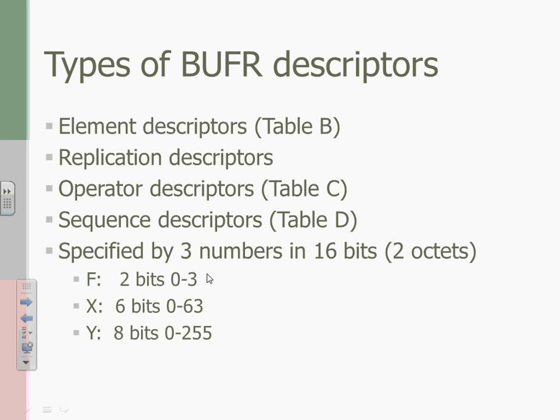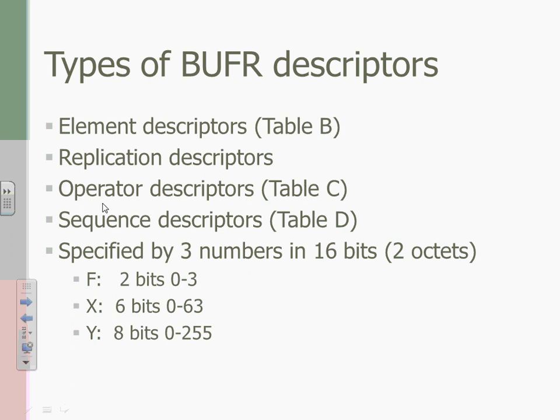So there are several types of buffer descriptors. Element descriptors are the most important ones, defined in table B. And replication descriptors, used to make replication in the data, because in many cases one data has a lot of the same replication.